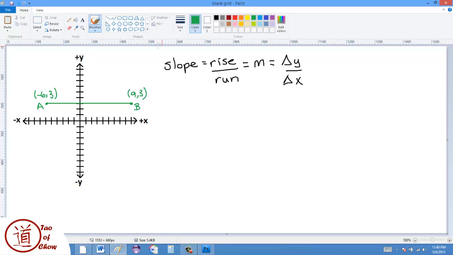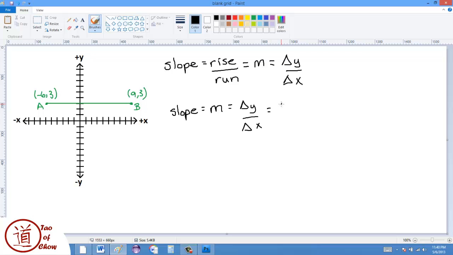Well, what we can find here is that if we're looking for the slope, slope is equal to m, which is the change in y over the change in x. Now how much did y change here? Well, the y value went from 3 to 3.